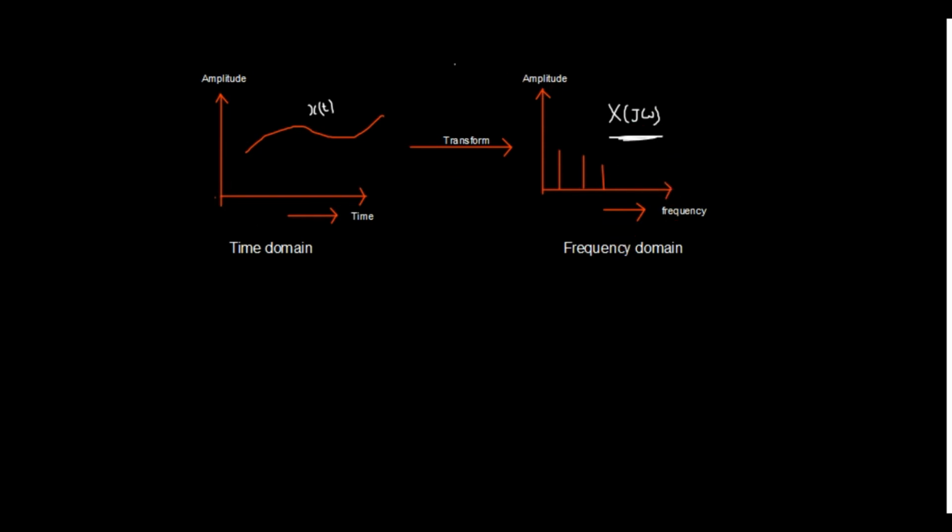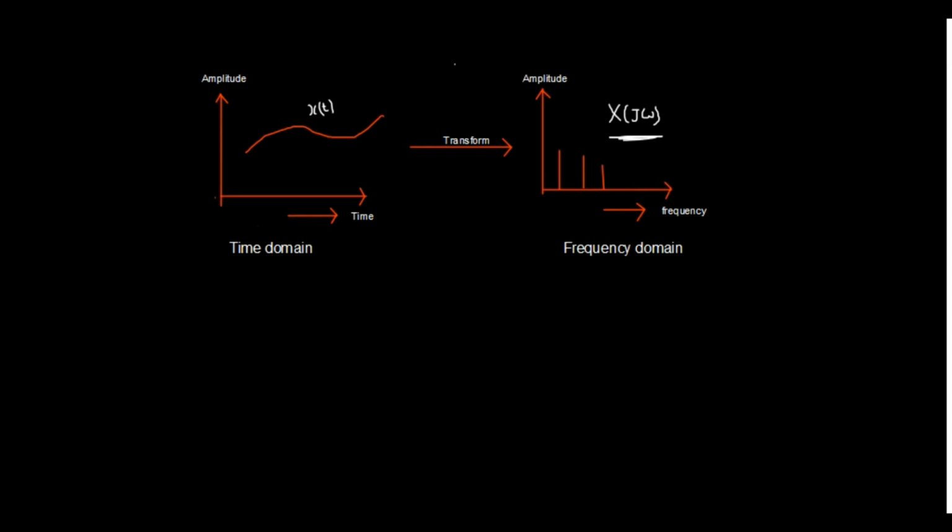Is it okay? Now what is the need of transforming a signal from time domain to frequency domain? See here, one thing we have to keep in mind: the signal will be as it is. We don't make any modification to the signal. We are just viewing the signal from different angles.